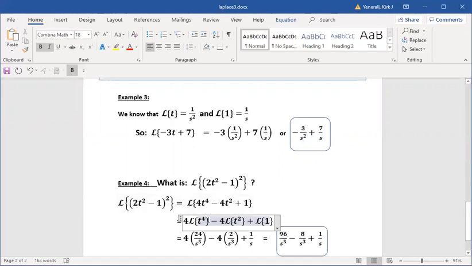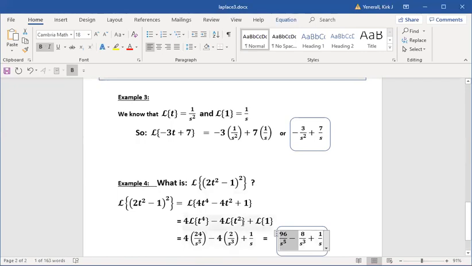Now the Laplace transform of t to the fourth will be 4 factorial over s to the fifth. 4 factorial is 1 times 2 times 3 times 4, and that's 24. So 4 times the Laplace transform of t to the fourth is 4 times 24 over s to the fifth. And that comes out to be 96 over s to the fifth.